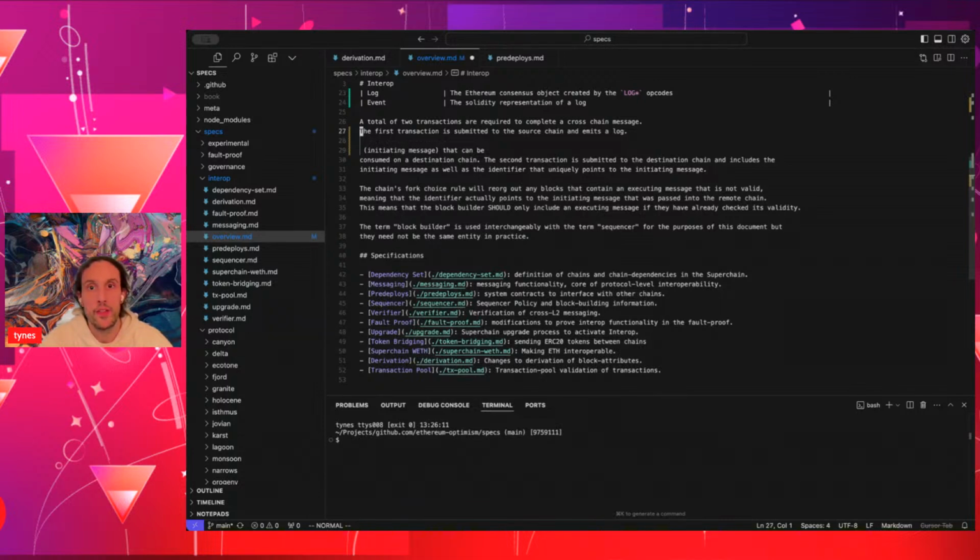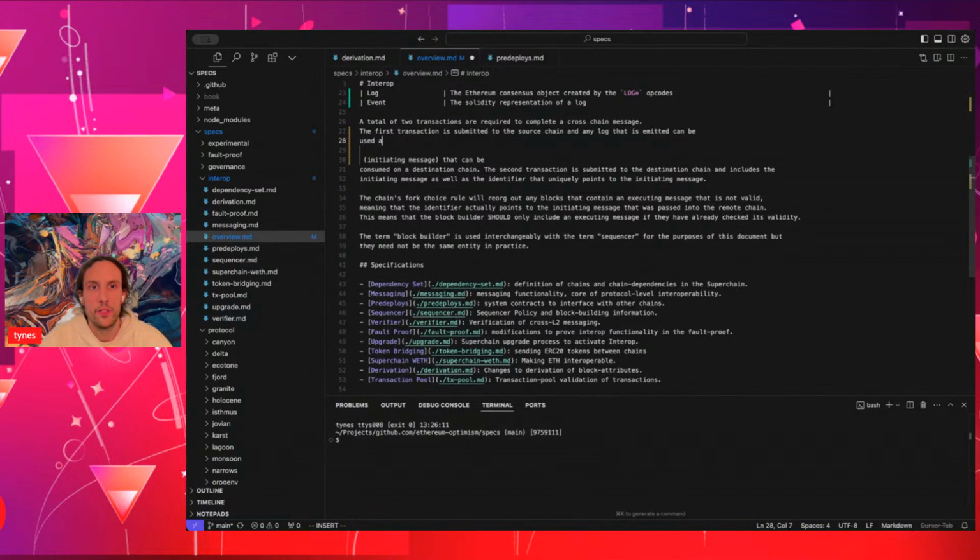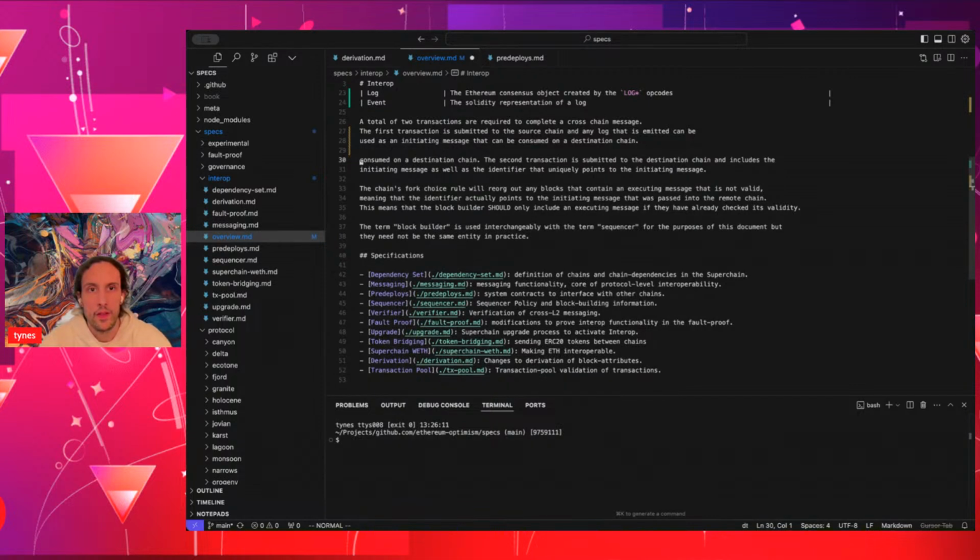Any log that is emitted can be used as an initiating message that can be consumed on a destination chain.